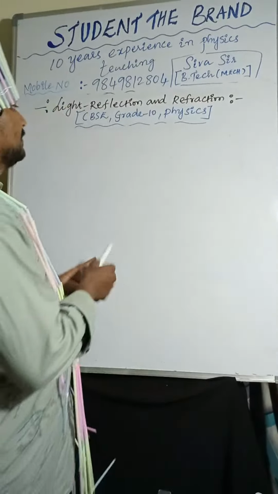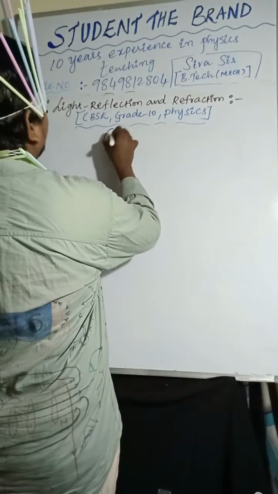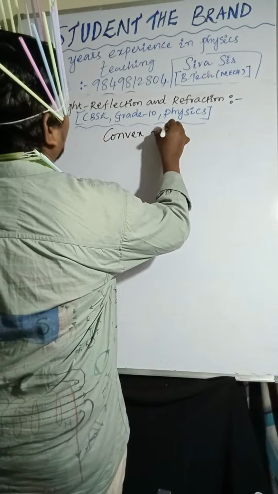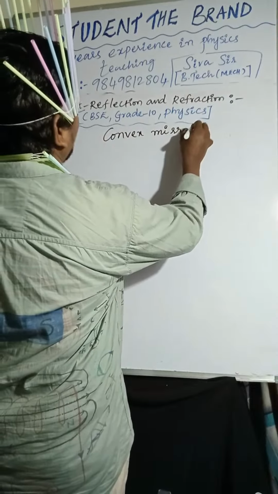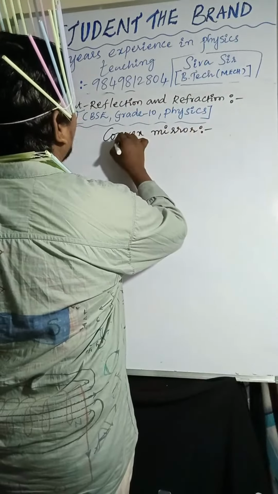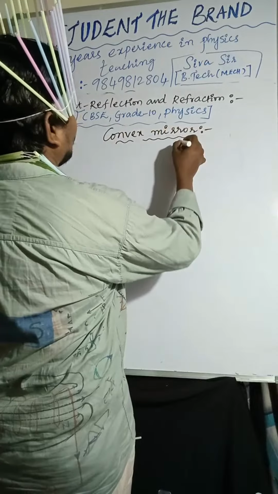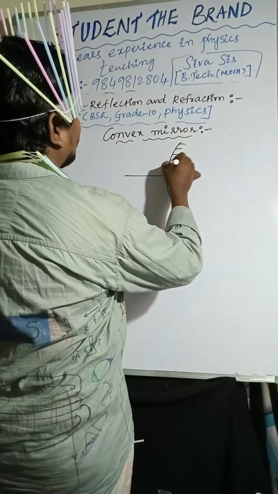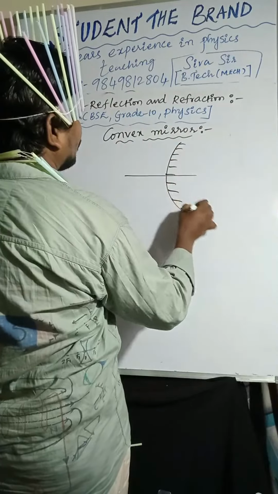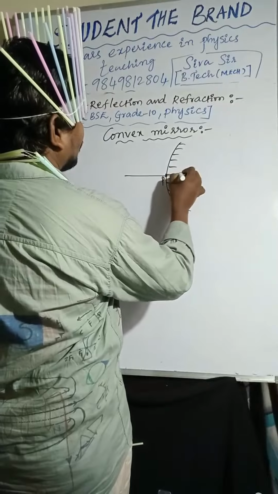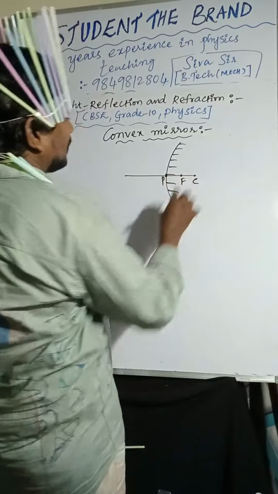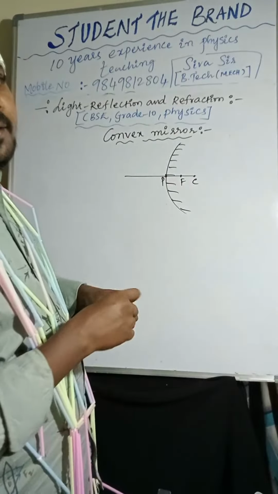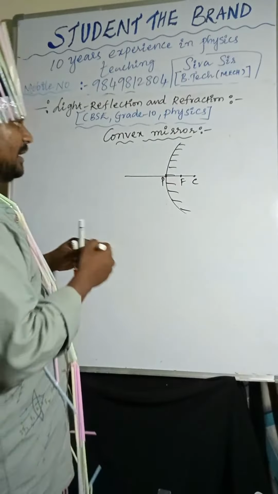Convex mirror. So convex mirror, object is placed at infinity.